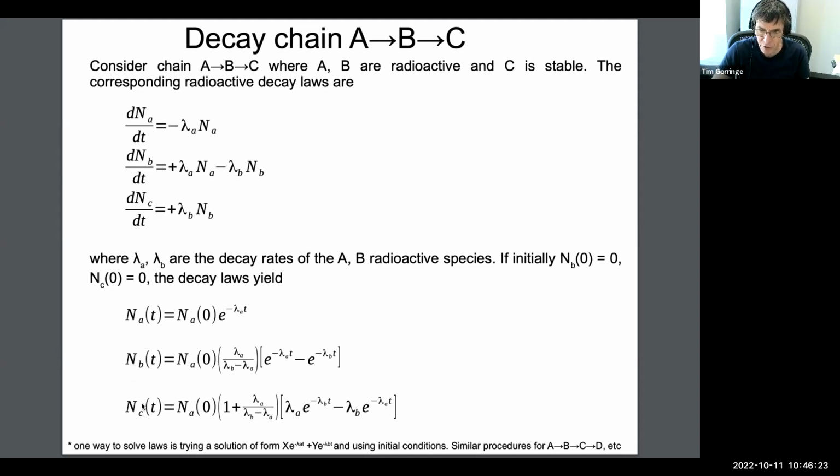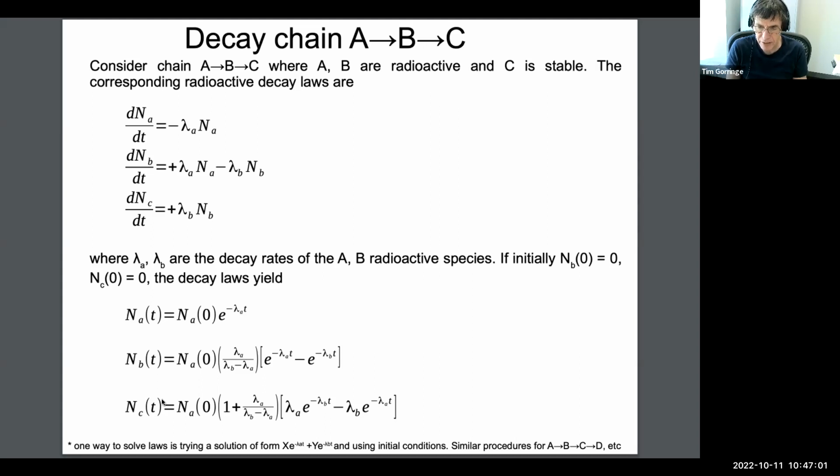If you actually want to derive these, the most straightforward, simplest way to derive these three equations is to say, look, there are only two time dependencies that the populations of the atoms can have. The populations of the atoms must have a time dependence that corresponds to some superposition of e to the minus lambda A t and e to the minus lambda B t.